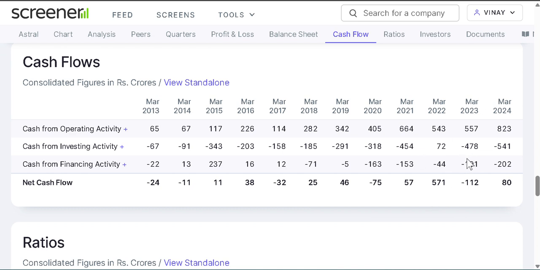And that is why if the CFI and CFF are more than the CFO, then this figure will come as a negative figure. But if they are just below this amount, then it will come as a positive. So you cannot judge a company like it is negative so it is bad, or it is positive so it is good. It is only the free cash flow that will tell you whether the company is good or bad.